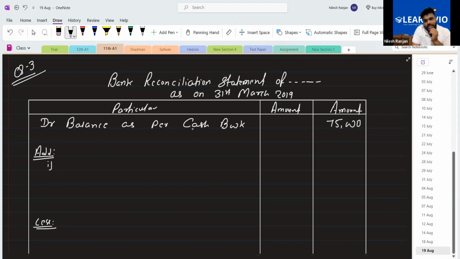We are using the cash book balance as the starting point, so we can only change the cash book, not the passbook. Whichever balance you are using as a starting point, you can only change that balance. Is that clear?